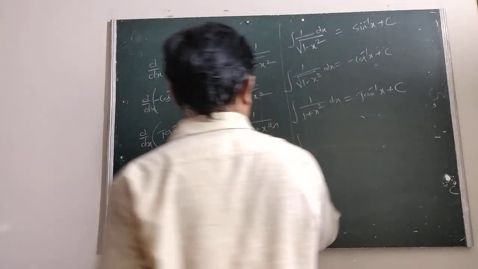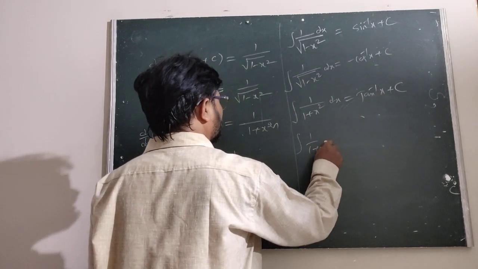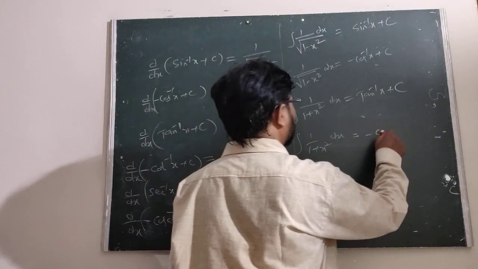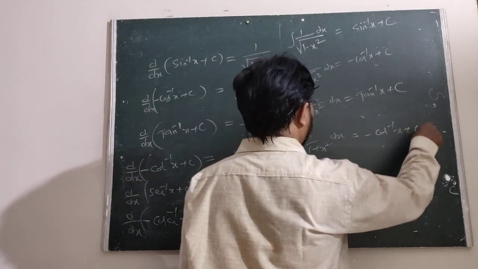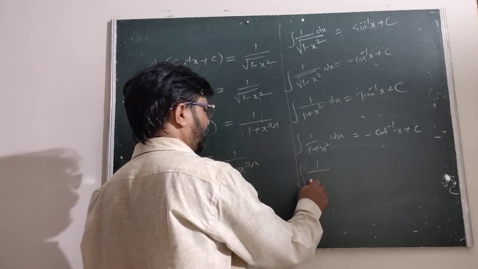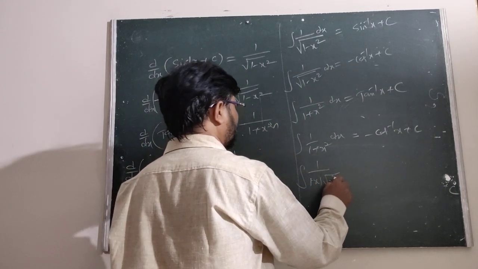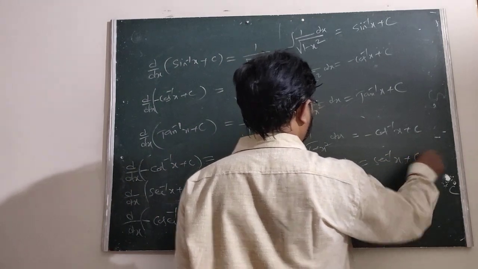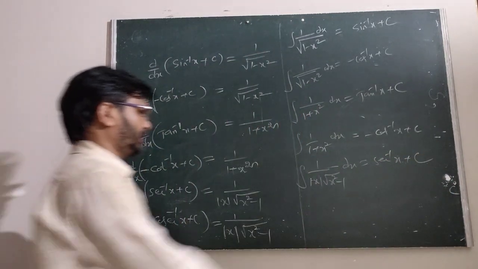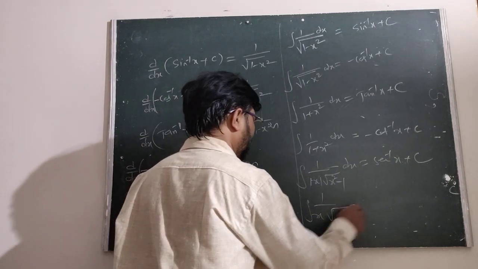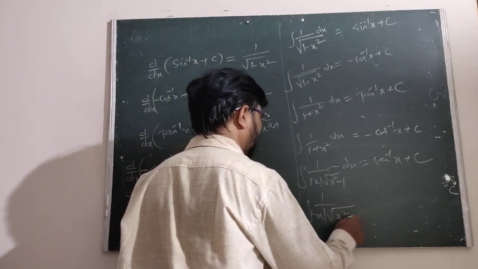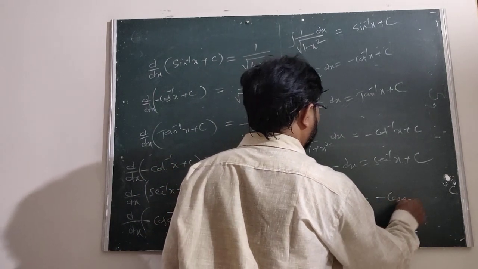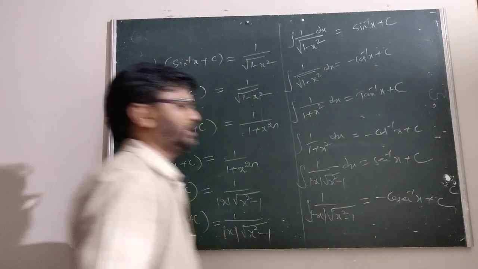Now we can write the integral of 1 by 1 plus x square dx is the minus of cot inverse of x plus c. The integral of 1 by mod x into root of x square minus 1 dx is the secant inverse of x plus c. Now we can write the integral of 1 by under root x square minus 1 as minus of cosecant inverse of x plus c.